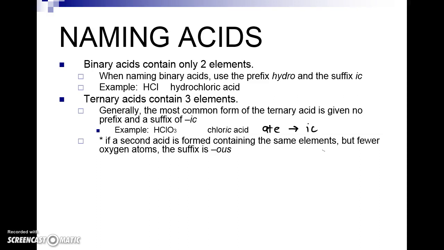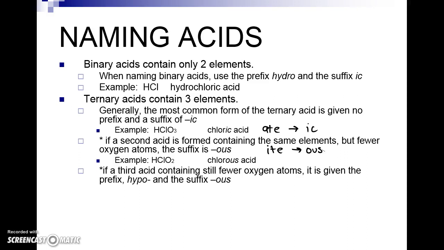If a second acid is formed containing the same elements but fewer oxygen atoms, the suffix is ous. And so this was our ite, it became ous. And this breaks it down, and so chlorous acid, which is chlorite.